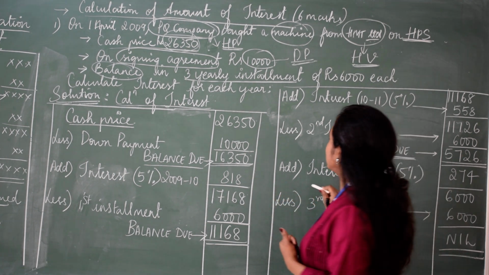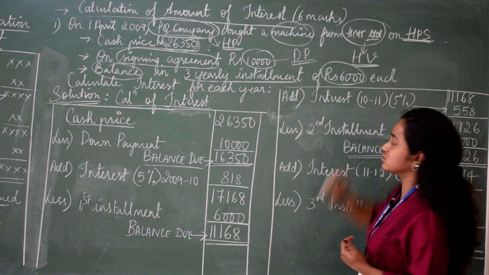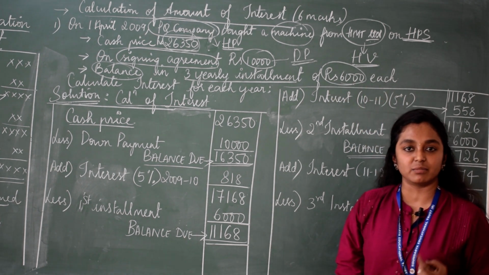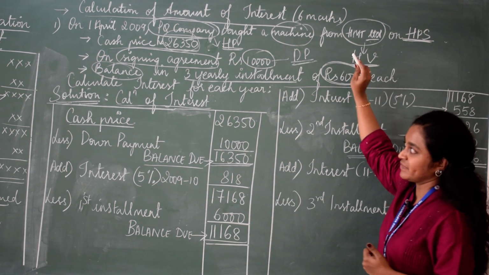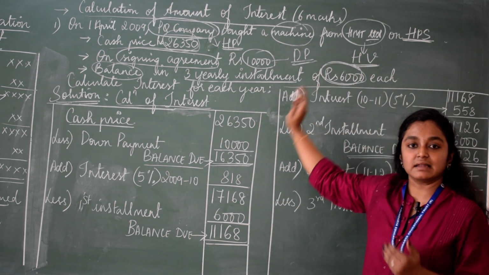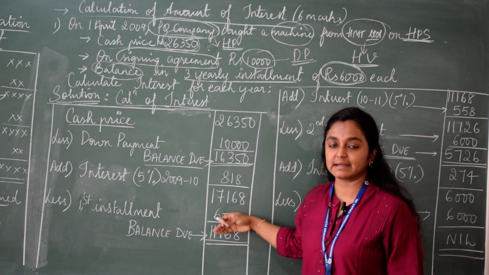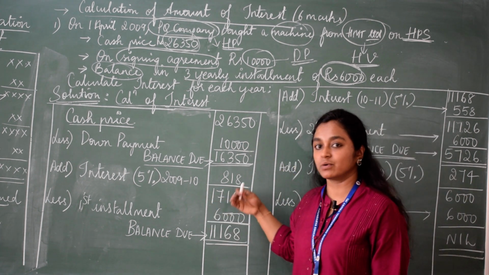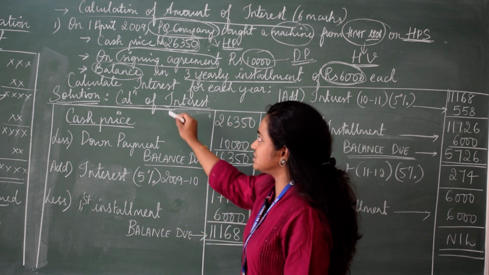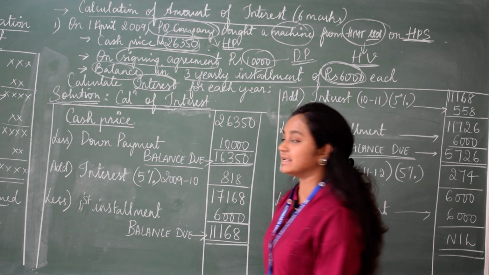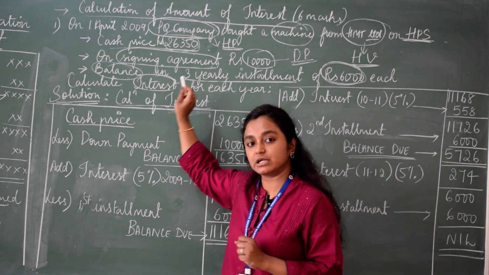One installment is rupees 6,000 each, so the installment I will be paying for 1 year is rupees 6,000. This is the analysis of the question. With this understanding, we have to see the format, put in the values and see how it goes. Coming to the format of the solution, they have asked us to calculate interest for each year. This is a basic problem, hence they have asked only to calculate interest.